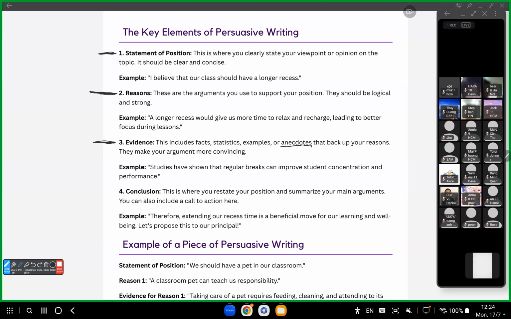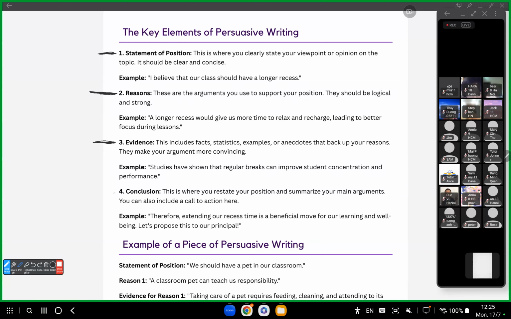So has anything happened to you before that relates to this topic that you're trying to write about now? And if you have stories, then they can make for some great evidence in persuasive writing. And the purpose of the evidence is to make our arguments more convincing.